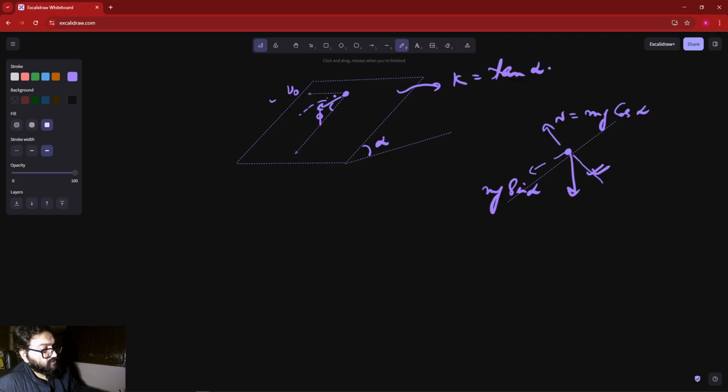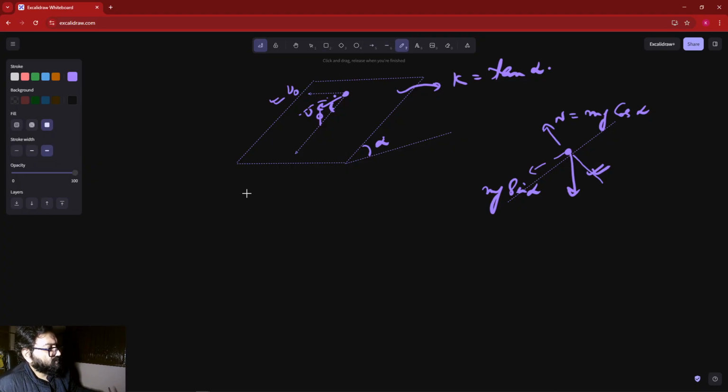By the way, please note that this was the initial velocity, and this basically is denoting the angle that the velocity vector is making with the inclination angle, or with the direction that is directed towards this slope of the inclined plane. Okay, so let me draw the top view.